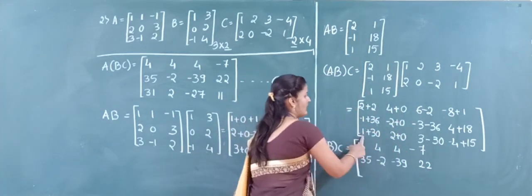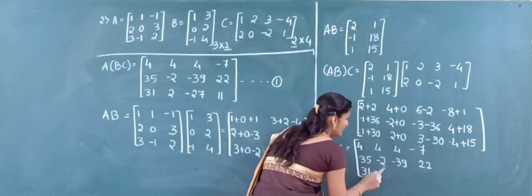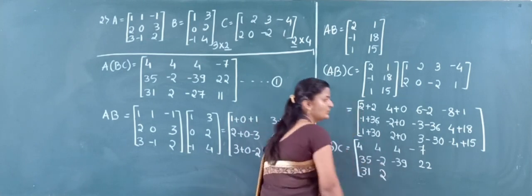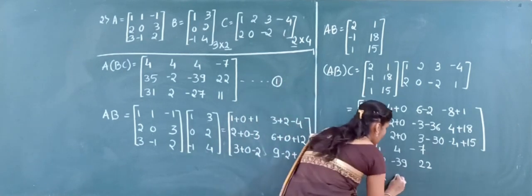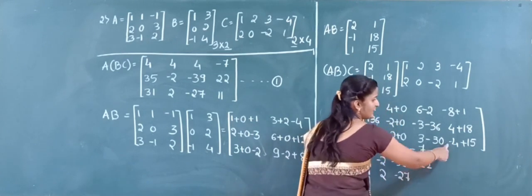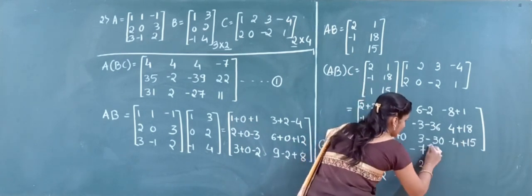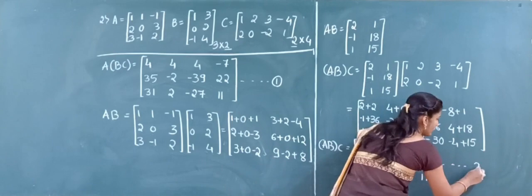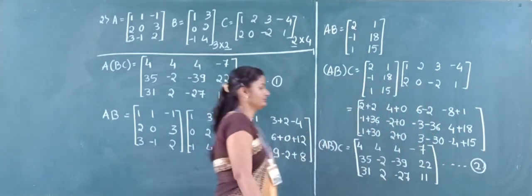Okay? 1 plus 30, 31, 2 plus 0, 2, 3 minus 30, minus 27, minus 4 plus 15, 11. This is our second one.